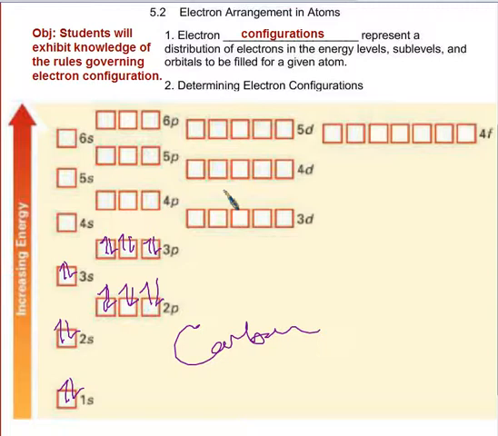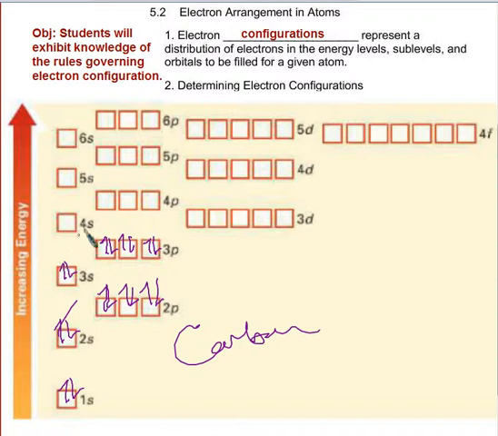And you put 1 electron in each energy level before you start pairing them up. Okay, and that has us through 2, 4, 6, 8, 10, 12, 14, 16, 18. We only have 8 more to go.